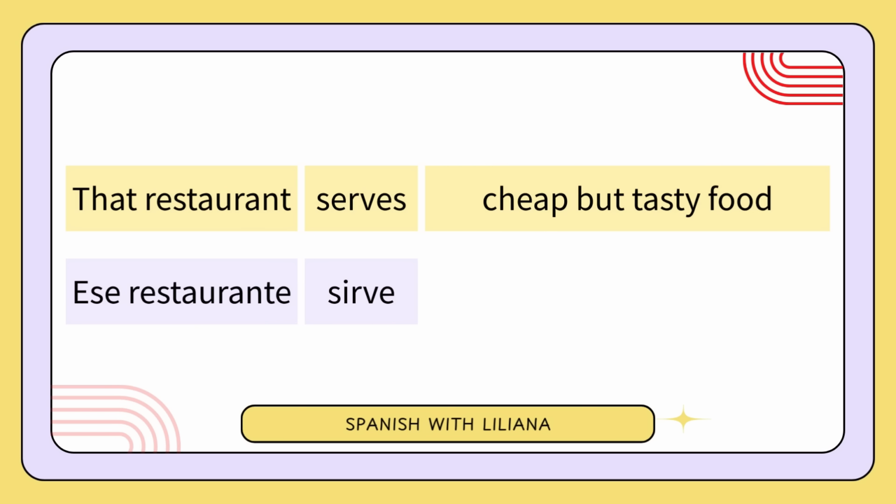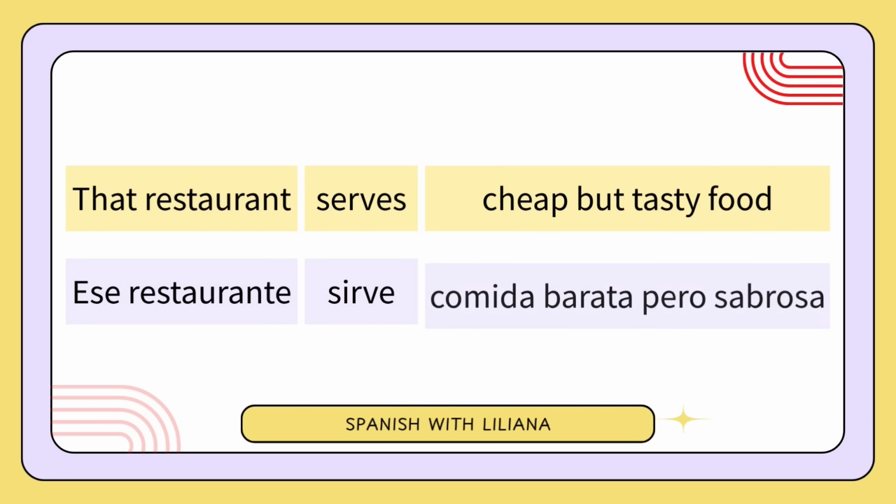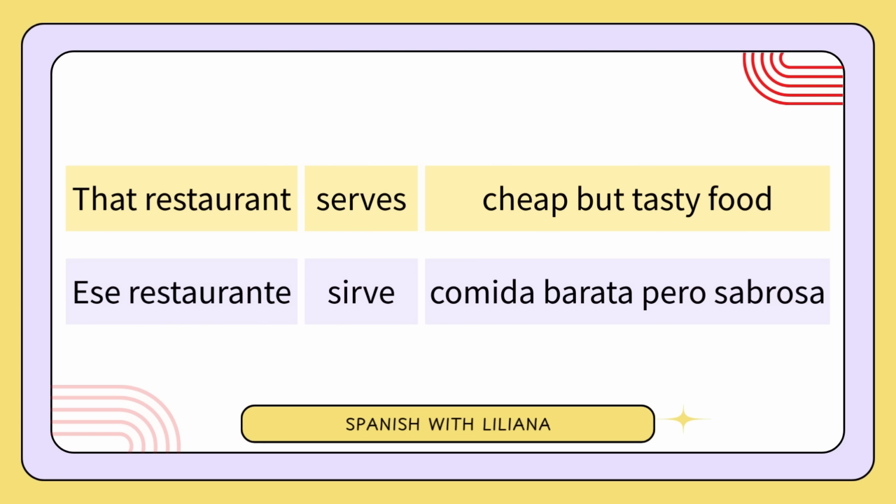So here we see cheap but tasty food. The noun is food. So in Spanish, that comes first. Sirve comida. And then we say cheap, barata, but, pero, and tasty is sabrosa. Ese restaurante sirve comida barata pero sabrosa.